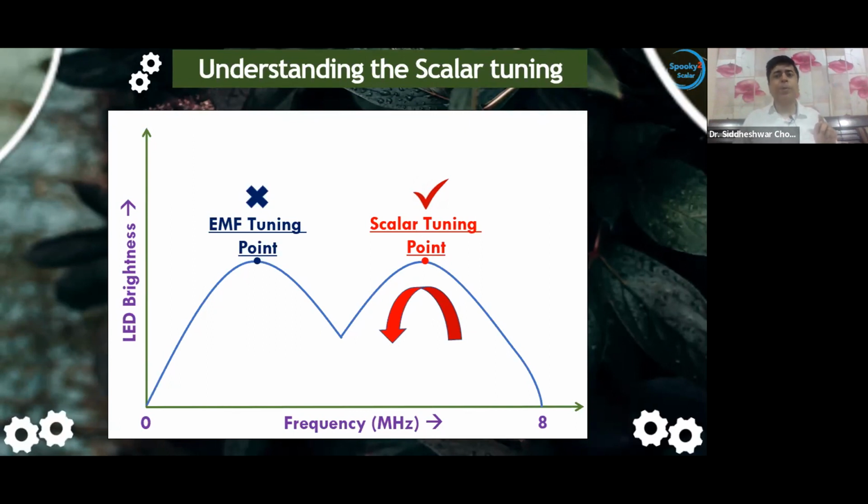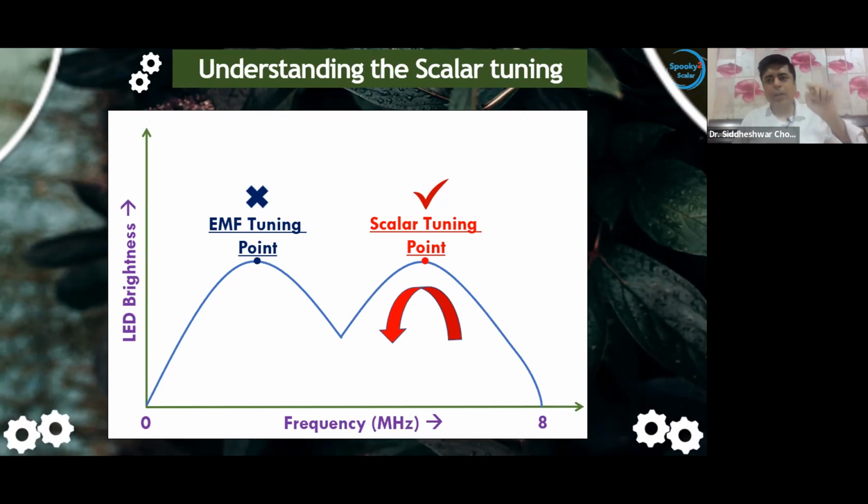To confirm this point, mark my words, to confirm this point, go to the receiver panel and press the LED there, the ring LED I talked about. When you press it, you will see that the LED is glowing. The red color light is quite bright. So that means your scalar field has been set up.